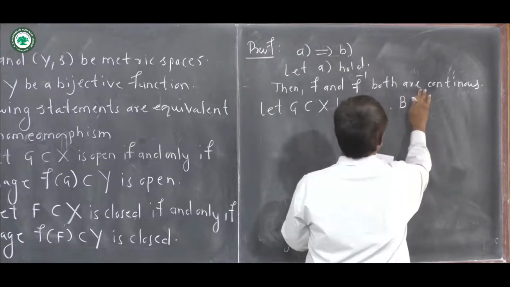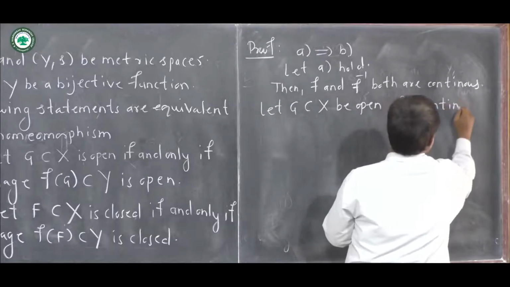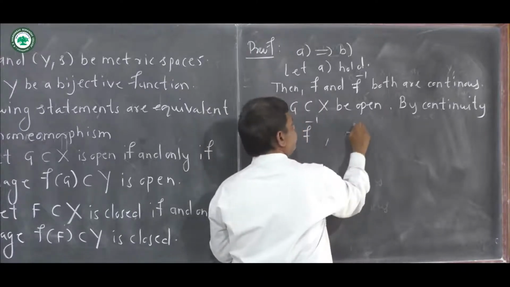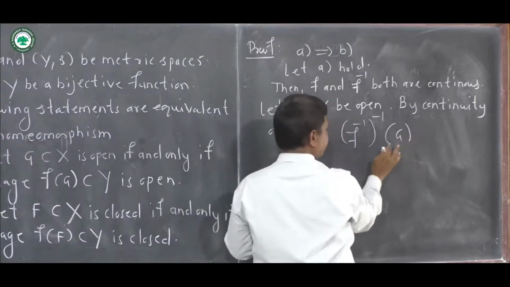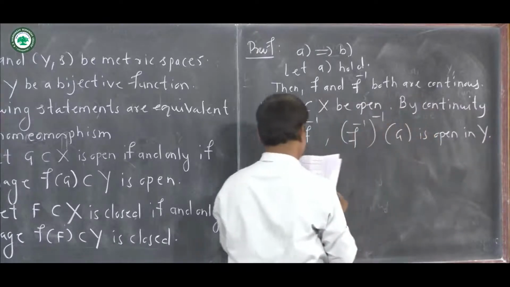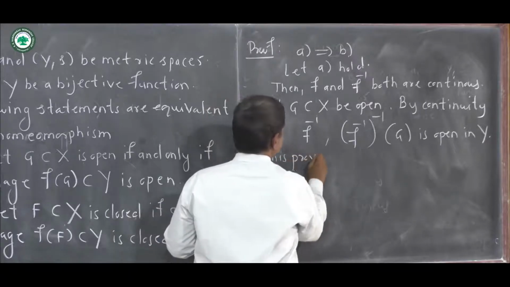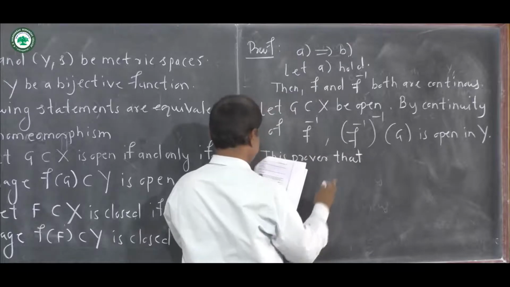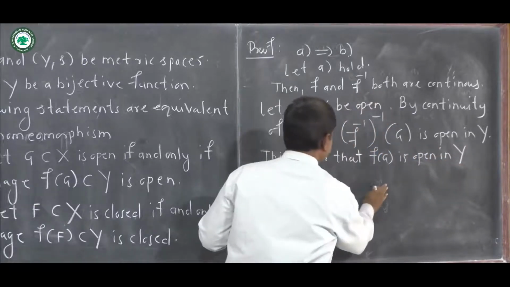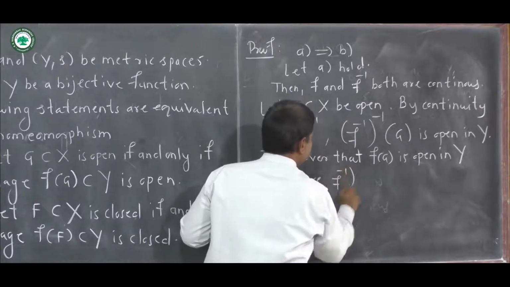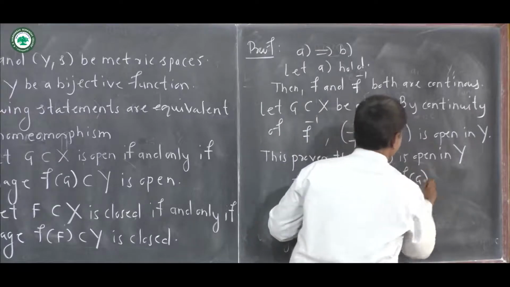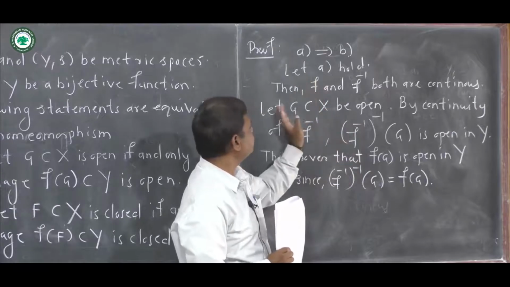Then by continuity of f inverse, the inverse image of this set under f inverse is open in Y. So this proves that f of G is open in Y, because the inverse image of G under the function f inverse is f of G. So f of G is open in Y when G is open in X.